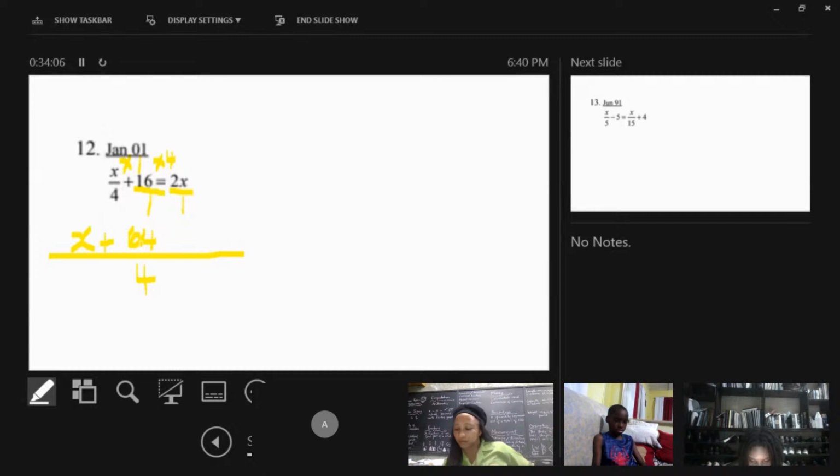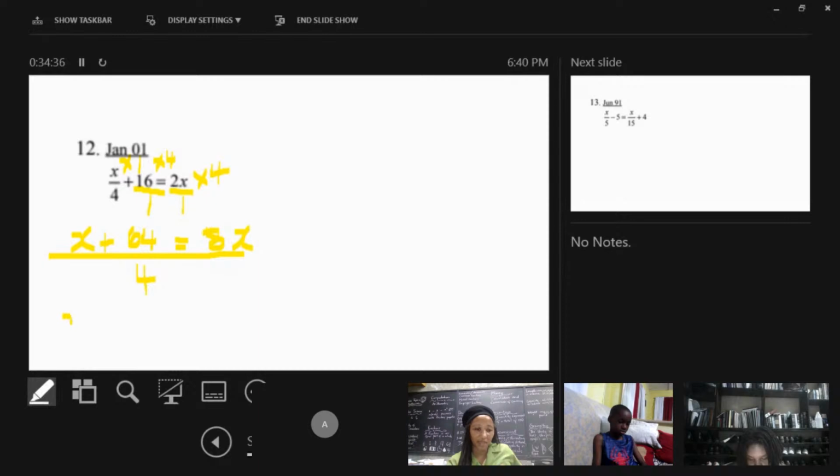And 1 into 4 goes 4 times. So we put times 4 at the top. So 2x times 4 is 8x. All right. So now that they're all over a common denominator, we can ignore the denominator and focus on the numerator.